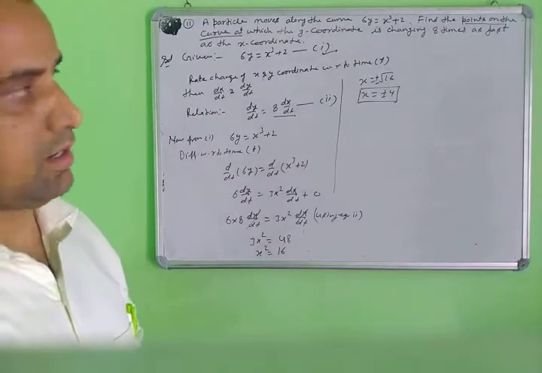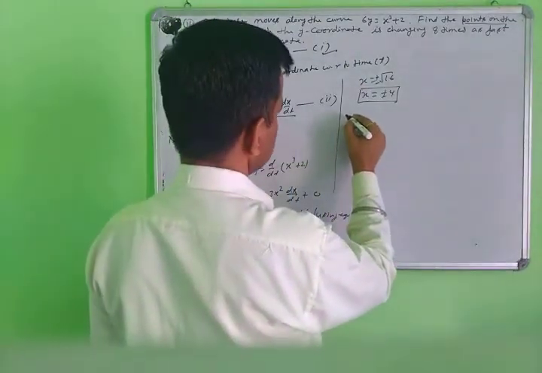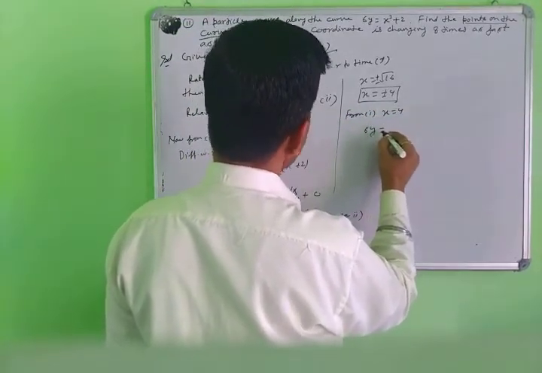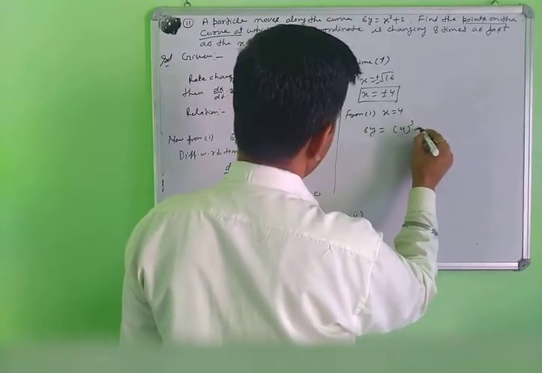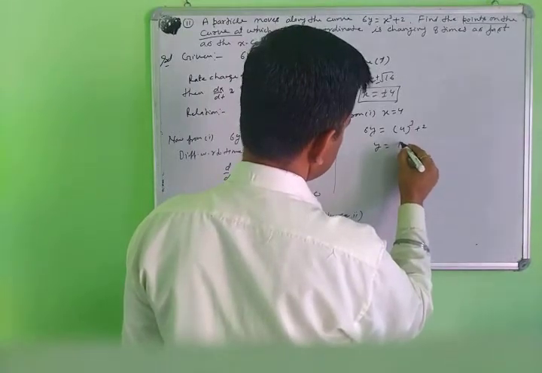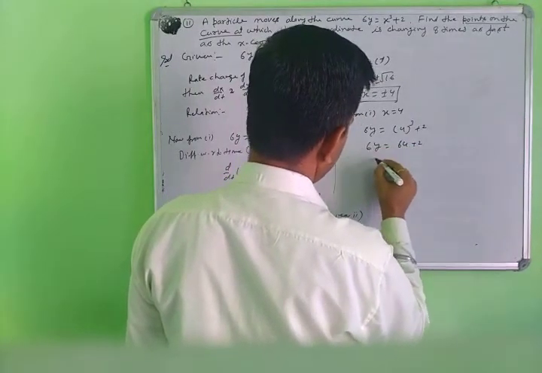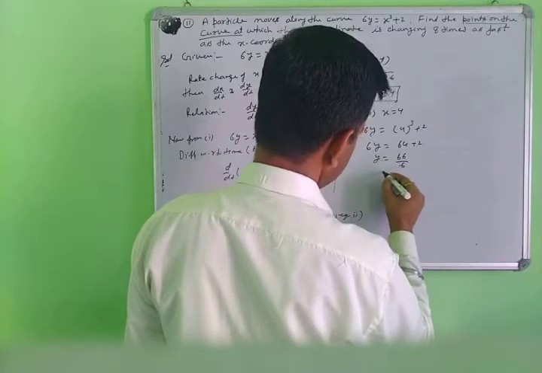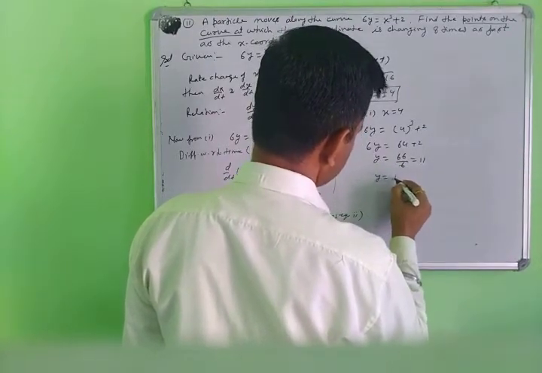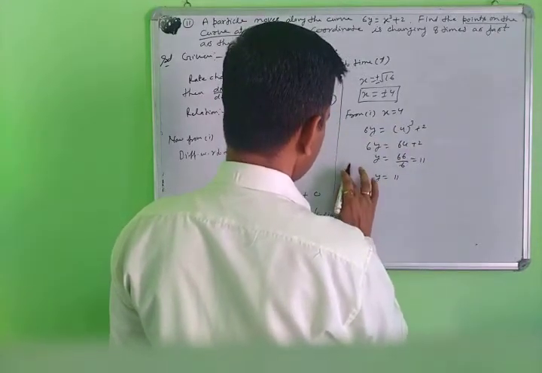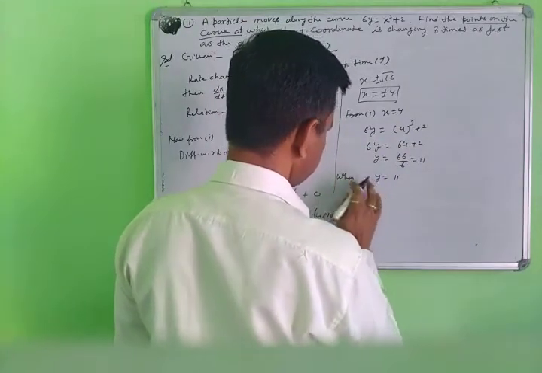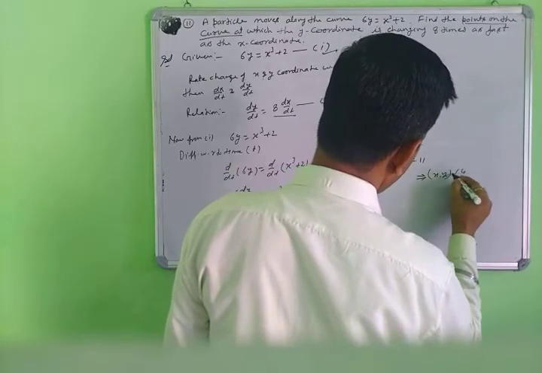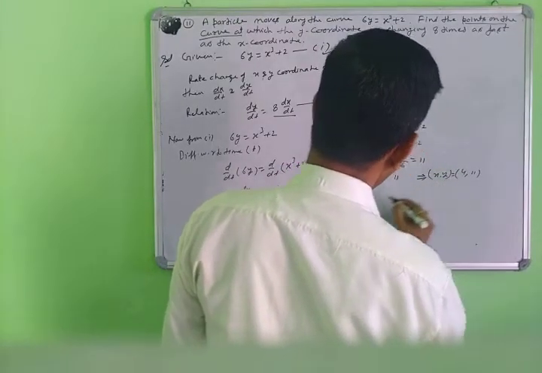When x equals 4, 6y equals 4 cube plus 2, that is 64 plus 2, so y equals 66 by 6, which becomes 11. So when x equals 4, the coordinate becomes (4, 11).